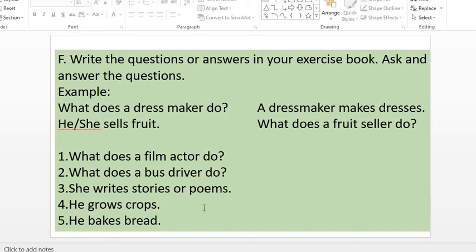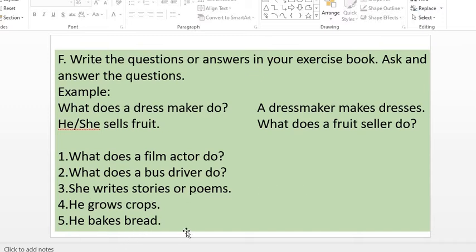He who grows crops is a farmer. Okay. What does a farmer do? A farmer grows crops. What does the writer do? The writer, he or she writes stories or poems.